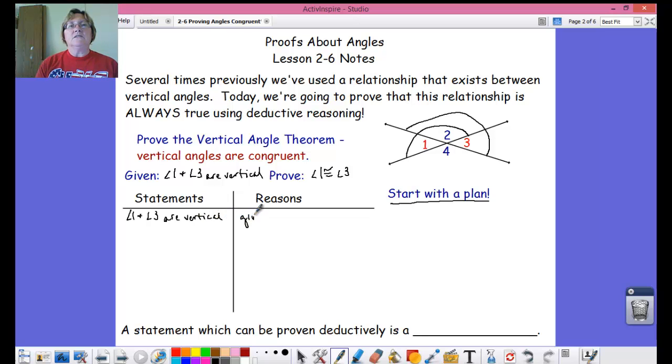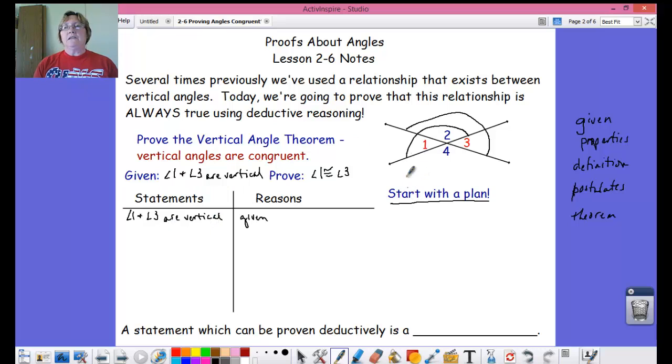That was given, and you'll recall, I hope, that the things that we can use as reasons in proofs are given information, properties, definitions, and postulates and theorems. And we have not had a theorem yet. This will be our first one. Okay, angles 1 and 3 are vertical.